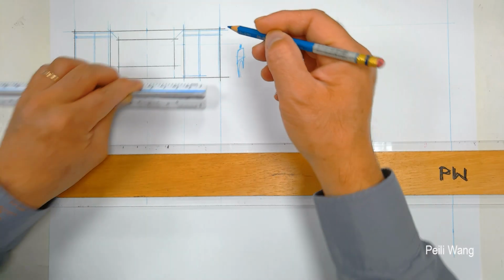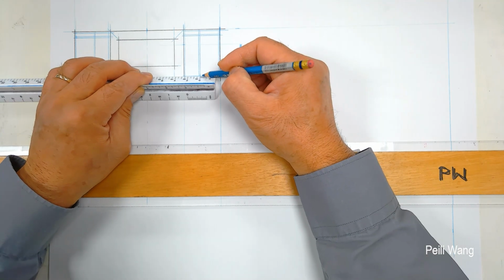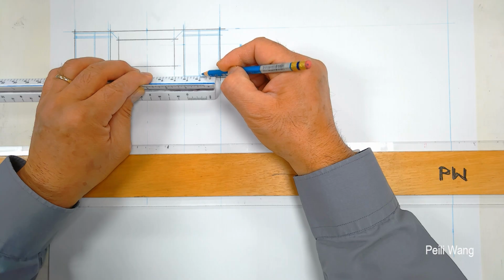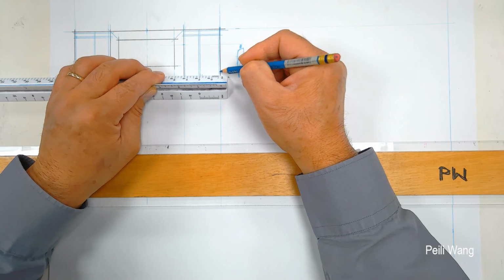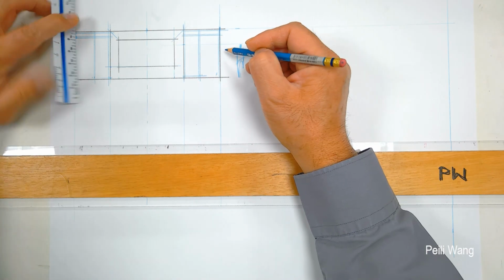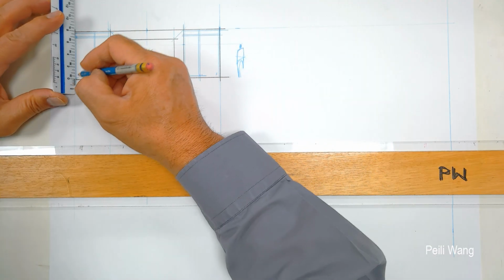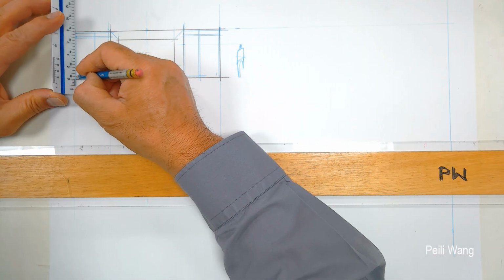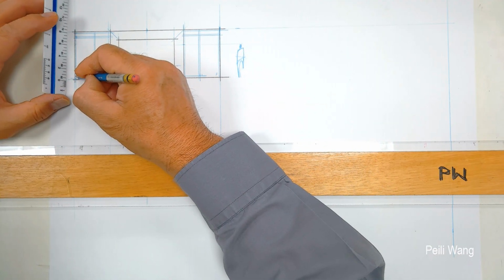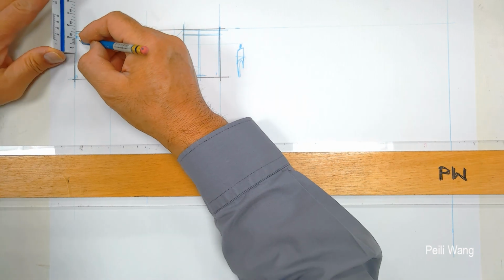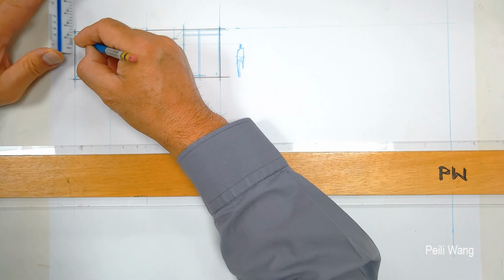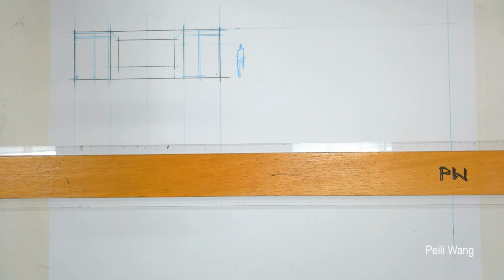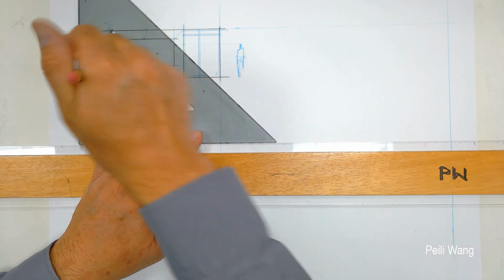Here, 1, 2, 3. Here, 3. And the bottom I give it a 6 inch. Okay. Top 3 inch. Good. Okay, now I'll make this one a door.